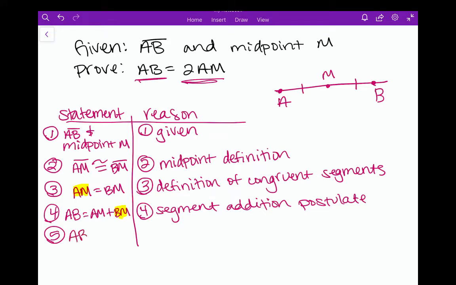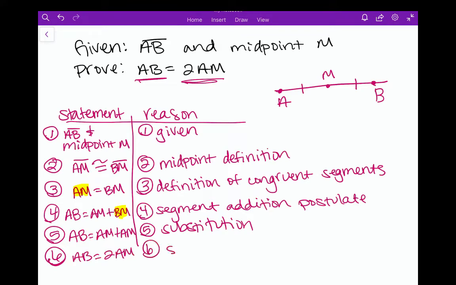So AB equals AM plus AM, that is substitution, and AB equals 2AM, which we just simplified. So given the statement, we proved that the distance of AB is equal to 2 times the distance of AM. We used definition, postulate, and properties. Substitution is a property.